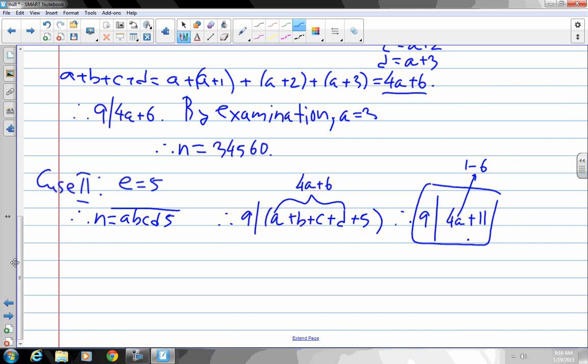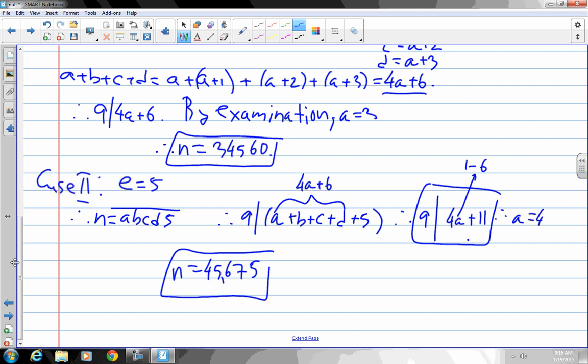A equals 4: 16 plus 11, 27. So 4 works, right? A equals 5: 20 plus 11, 31, does not work. A equals 6: 24 plus 11, 35, doesn't work. So the only one that worked was 4: 16 plus 11, 27. So A equals 4, and our number is 4, 5, 6, 7, and then 5.